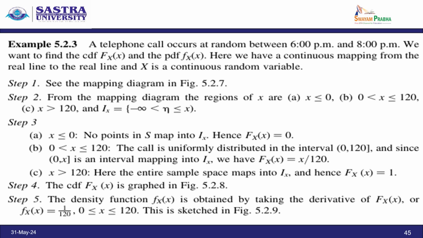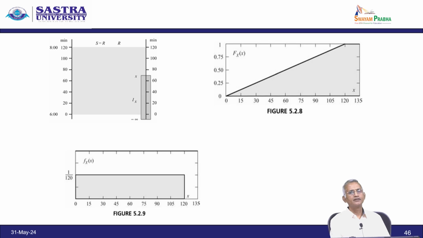Simply differentiate F_X of x equal to x by 120, therefore 1 by 120 will come, over the range of x. So, from here to here we can calculate it. This can be sketched in figure 5.29. So, this is the graph corresponding to going from the cumulative distribution function to the probability density function.